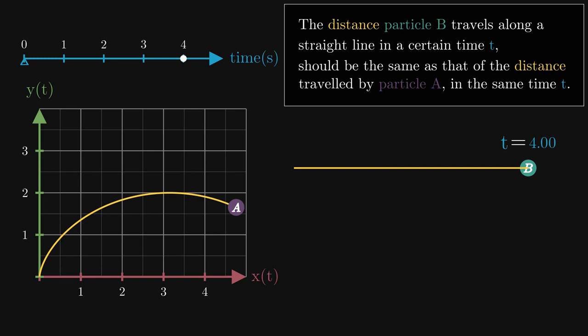Now the issue is, this instruction doesn't make sense because we don't know what distance particle A would travel in a given amount of time. That's the whole thing we are trying to figure out here. But bear with me, everything will make sense in just a few moments.